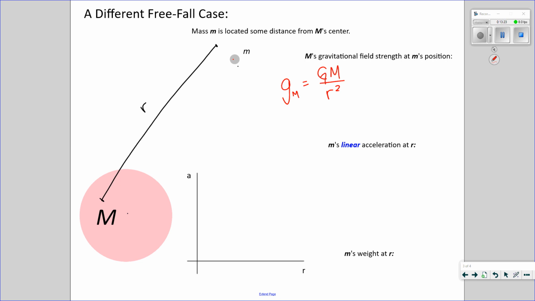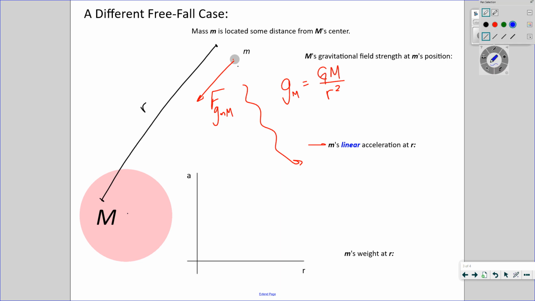All right, so that means we can say, well, here's a gravitational force on little m by big M. We can use that to write a net force statement. Because if we want linear acceleration, that sort of screams at us to say, okay, let's do net F equals ma. And quite literally, if I'm saying little m, that's little m.